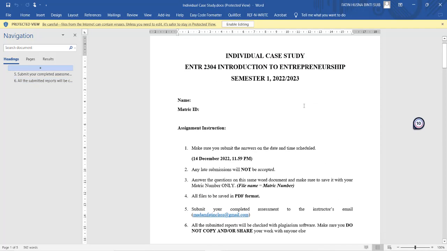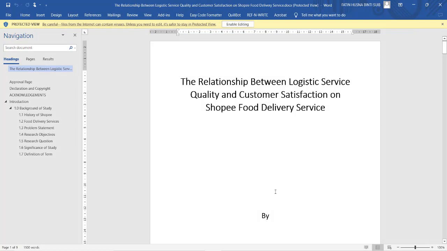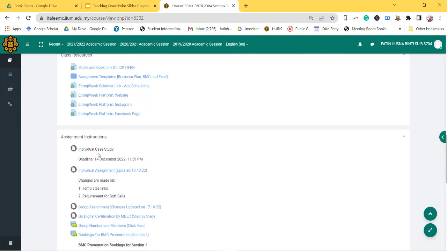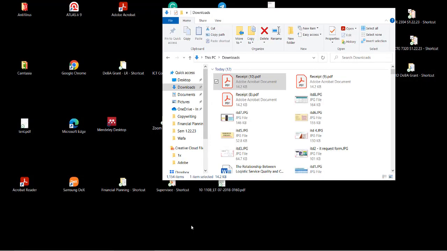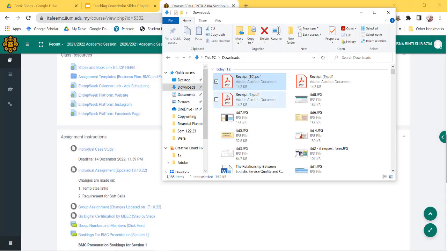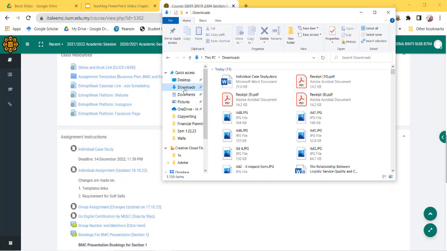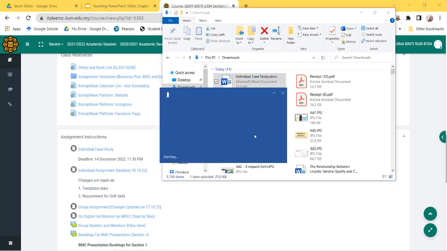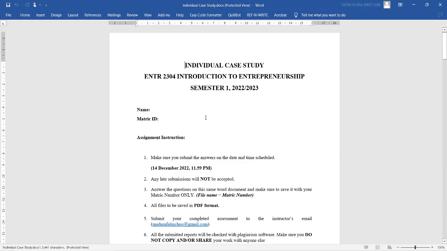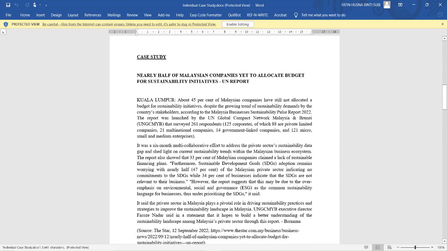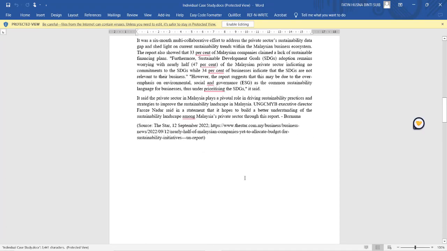Use the same Word document. Do not delete anything, let it be like that.